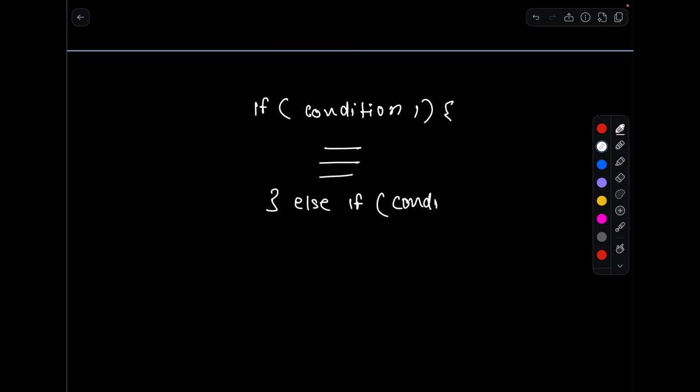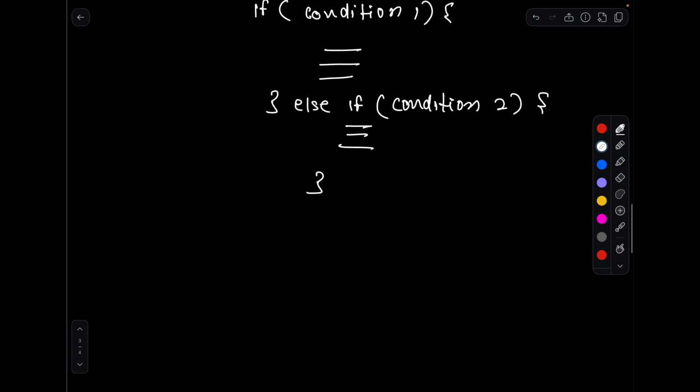And another syntax, the chain of if else, is: if condition one, then we have some piece of code, then else if, and here we will write condition 2, and we have some piece of code, and then we can also write one more else if condition 3.